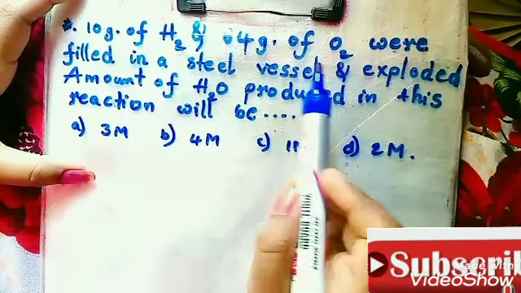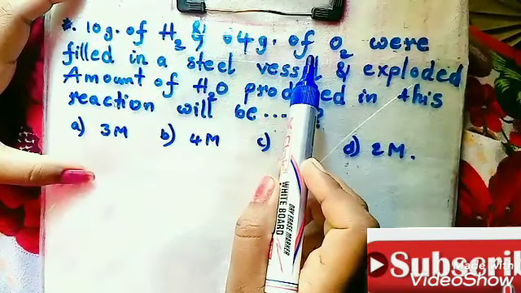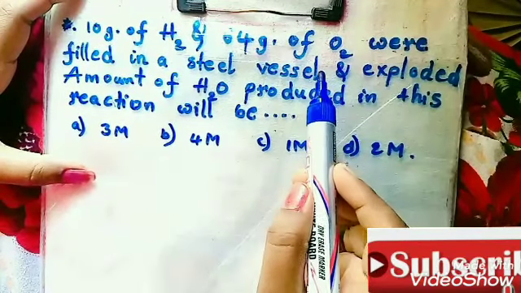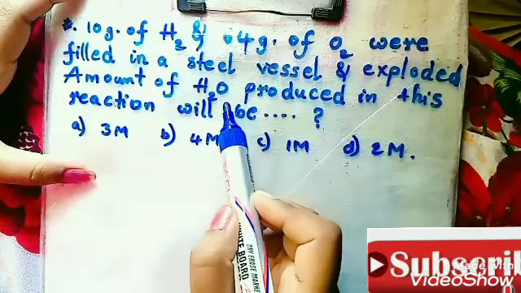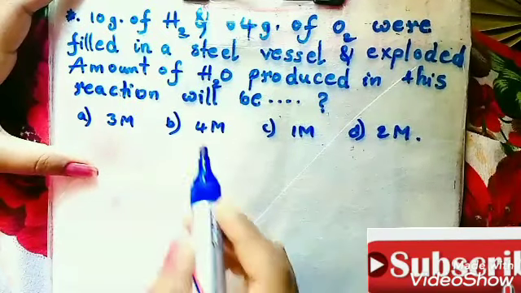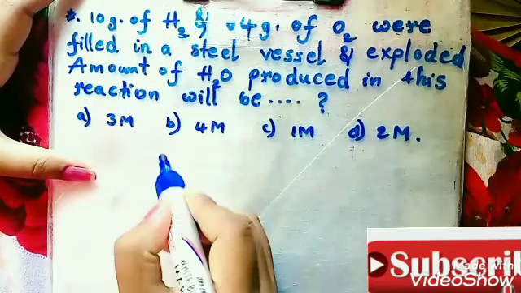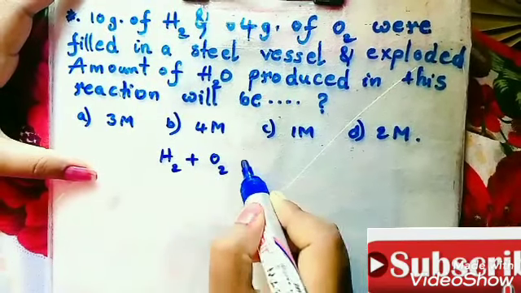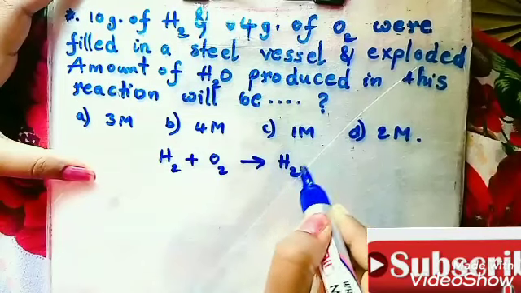By the reaction of oxygen and hydrogen, we have to get the water molecule, H2O. So for this question we have to write a chemical equation: hydrogen plus oxygen gives water.